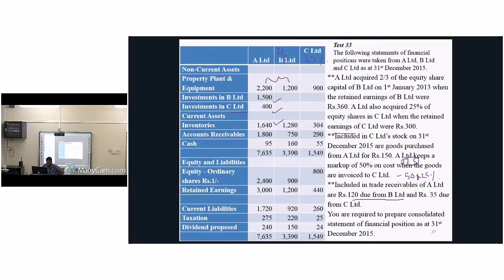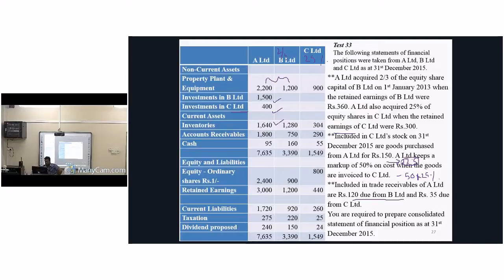But there is an unrealized profit adjustment. We have already calculated the unrealized profit as 12.5. Remember, if there is any unrealized profit from an associate, it should be adjusted like this. We should not adjust it to consolidated inventories. Sorry, I made a mistake.